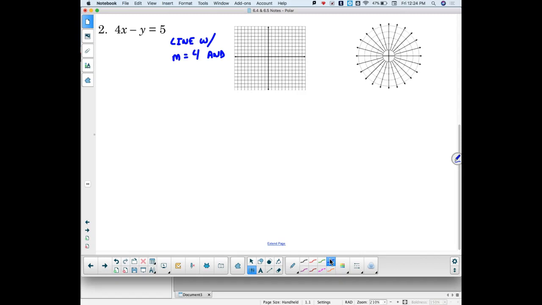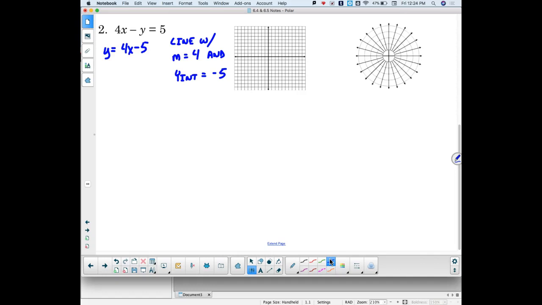Negative 5, yeah, exactly. How'd you get those? You solved it for y? Yep, exactly. So this is y equals 4x minus 5. This is where you got all that from.